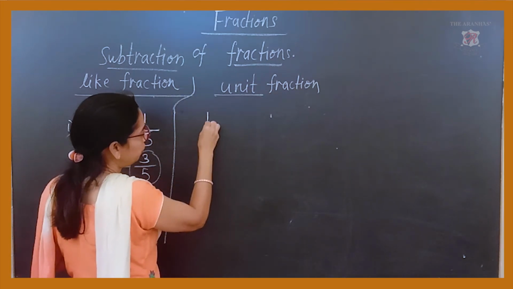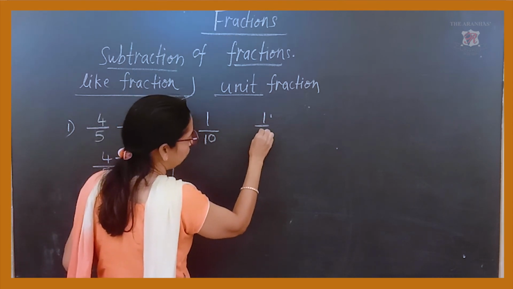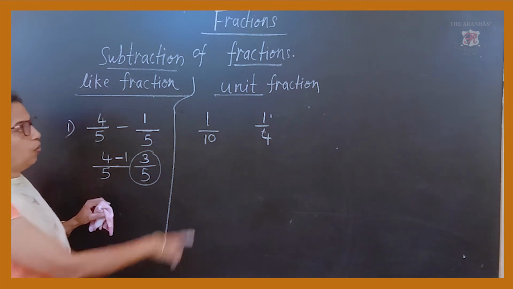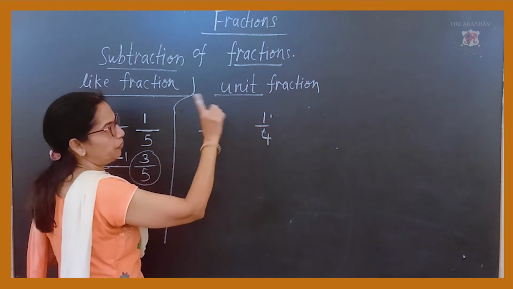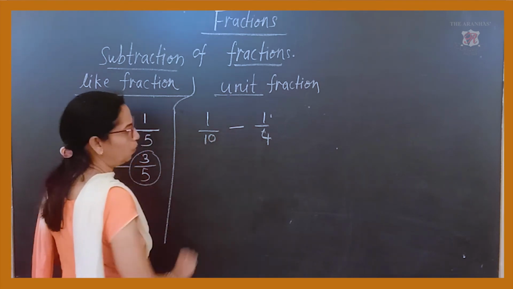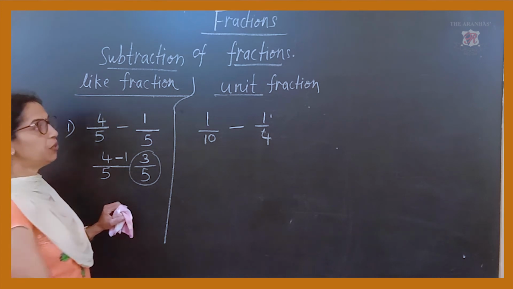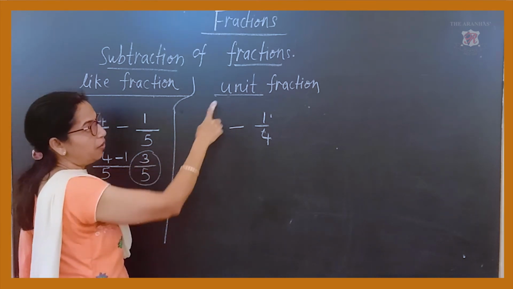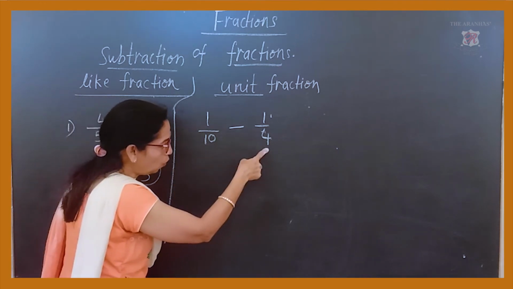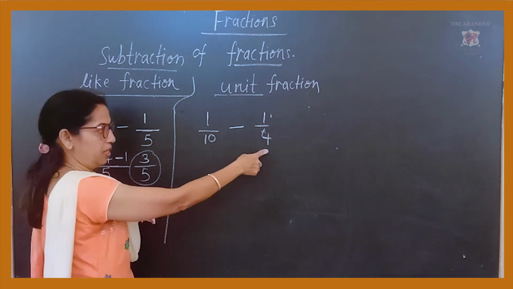Here for unit fractions we have different fractions like this, where only the numerator should be 1. When we want to carry out their subtraction, again we have to go to the denominators and check whether they are equal.